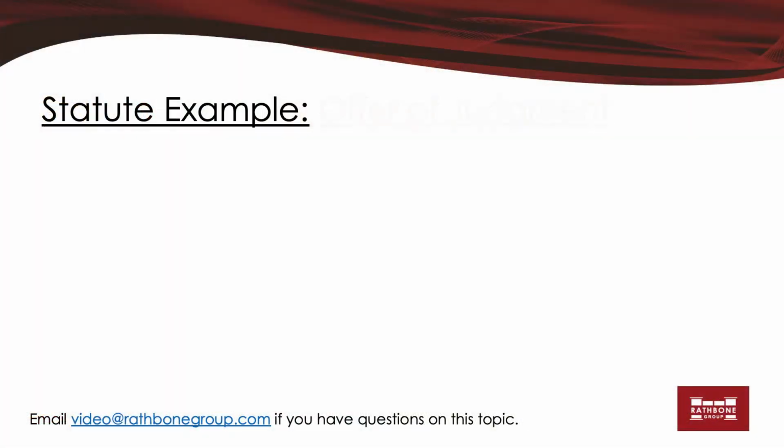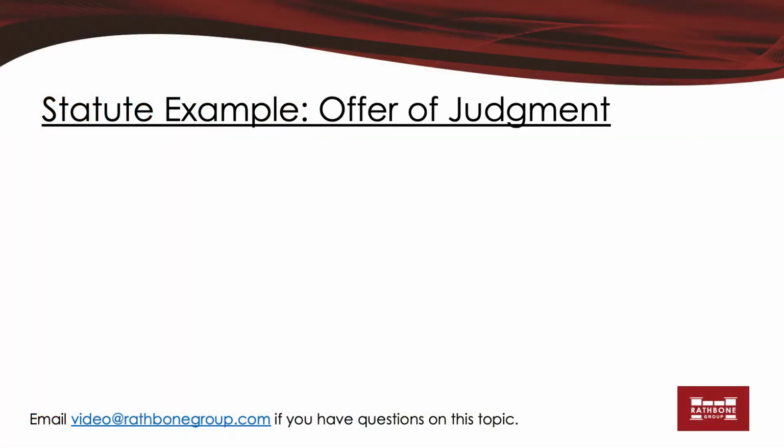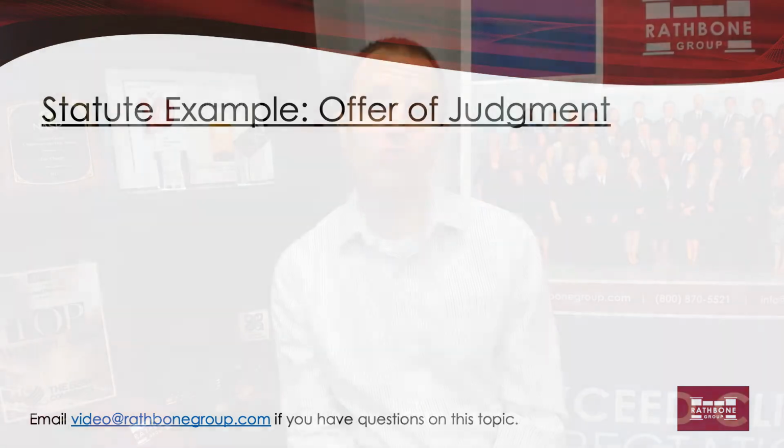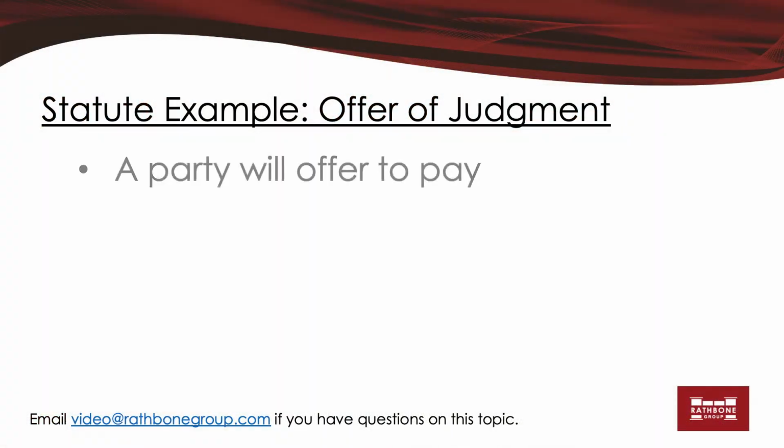One of the most important fee shifting rules for subrogation and recovery cases is an offer of judgment. Under the federal rules of civil procedure, this is Rule 68, and many other states have adopted similar rules. The way the statute works is a party may make an offer of settlement or offer of judgment to the other party.